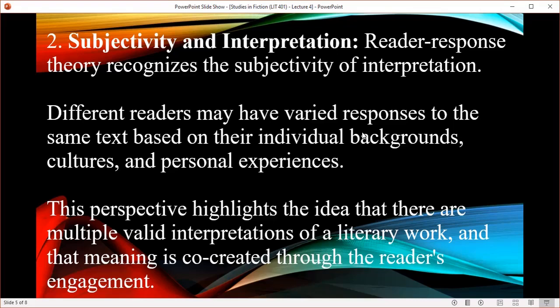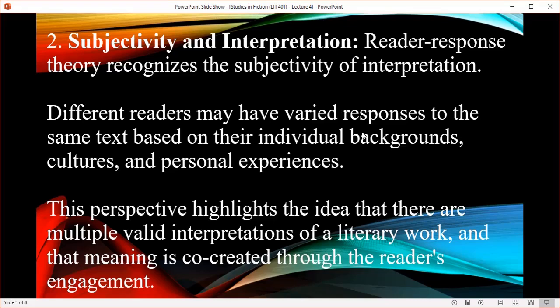Different readers may have varied responses to the same text based on their individual backgrounds, cultures, and personal experiences. What I take to be the meaning is based on my experience, on what I have heard, on what I know. That's what will determine my interpretation of what I have read.